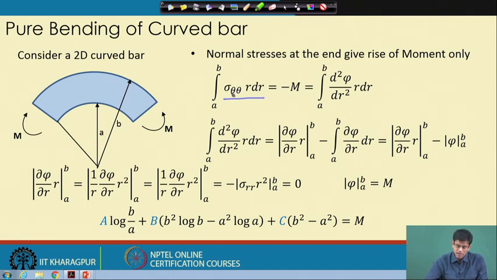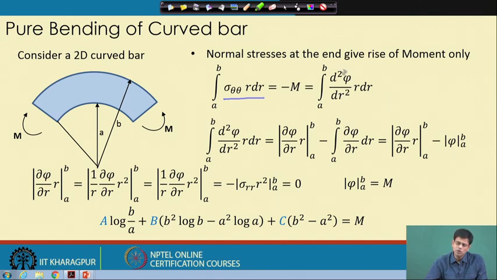Now, if I substitute sigma theta theta, which is d2 phi by dr square, remember that in our case phi is a function of r only.